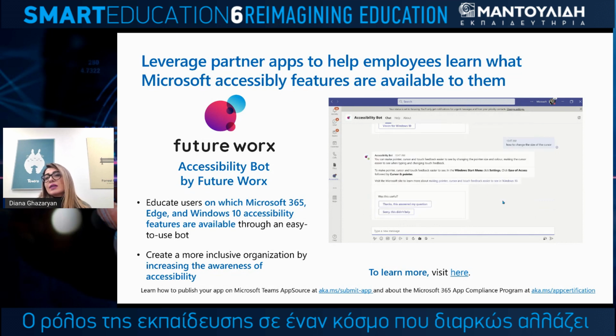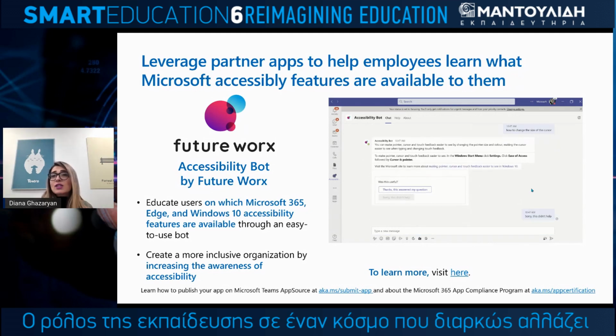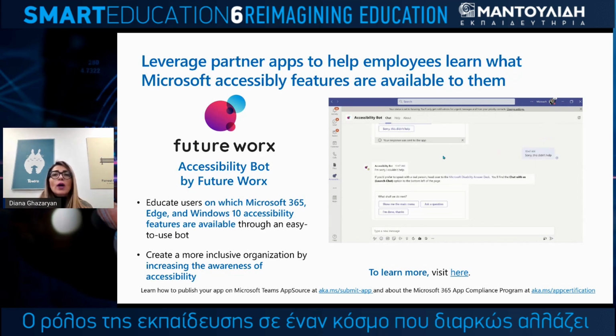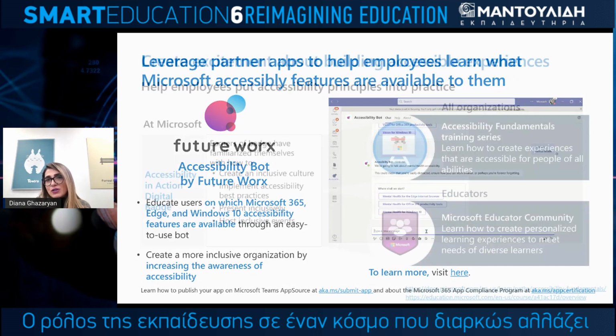Whenever you type in a question that you would like to get an answer to, okay, where can I increase the size of my cursor, for example, it gives you the structured way of instructions in which buttons you can click and really learn about the features that we have in Microsoft.